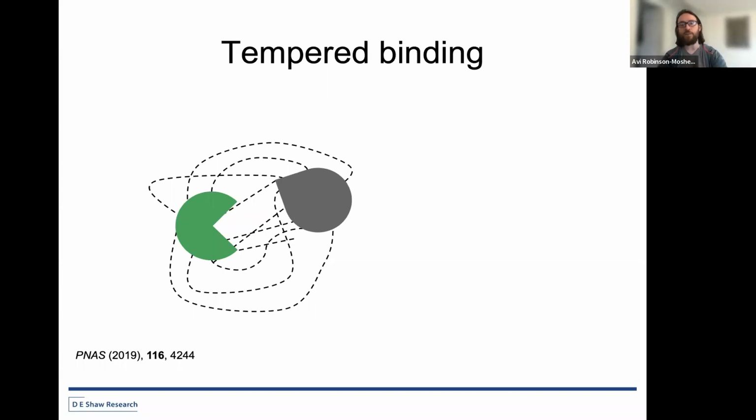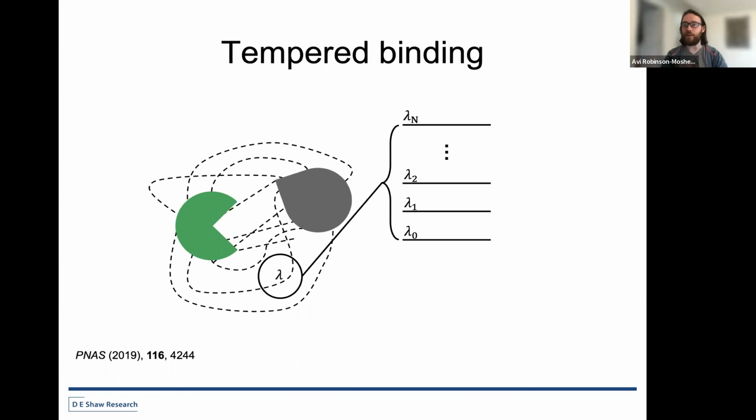So what this illustration is showing you, each of these dotted lines is essentially conceptually an interaction between the two proteins. And you can use the tempering approach to explore different strengths of those interactions that will let you do some of the simulation where the interactions are fully on and will let you have the correct physical interactions between them so you can explore a given metastable state.